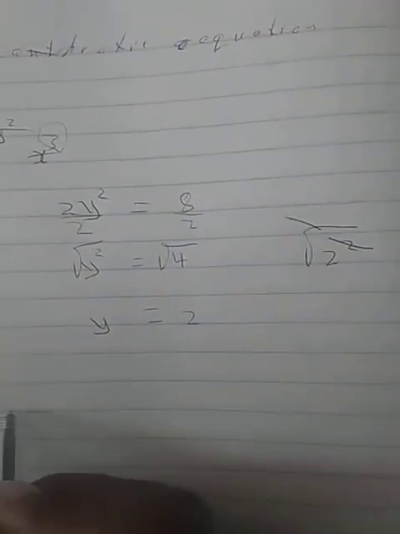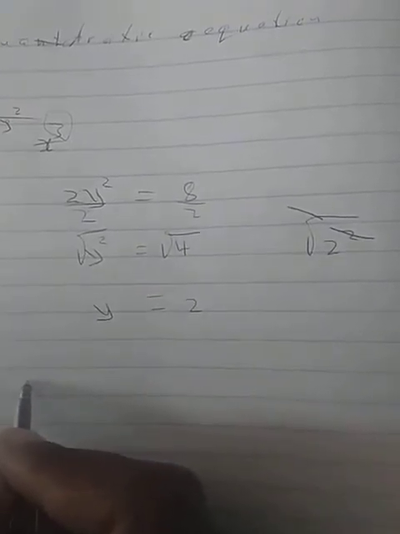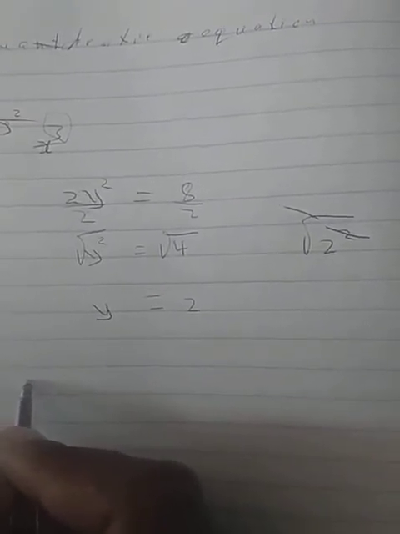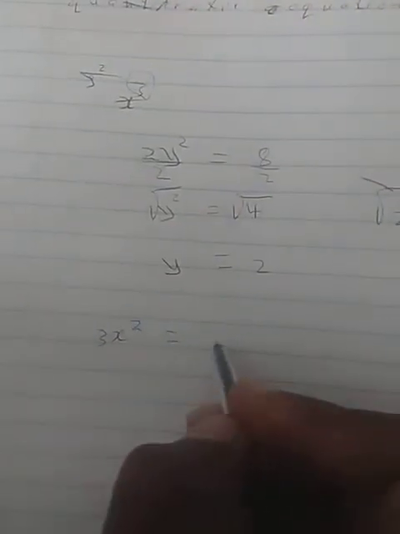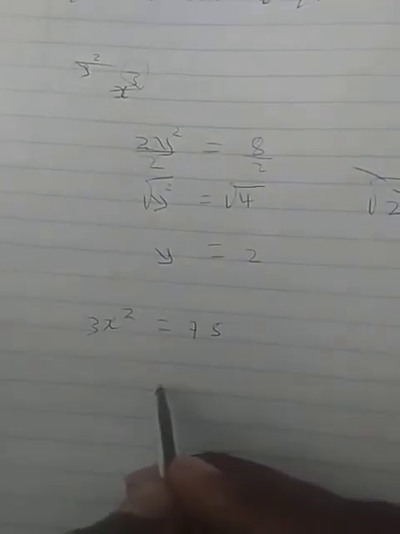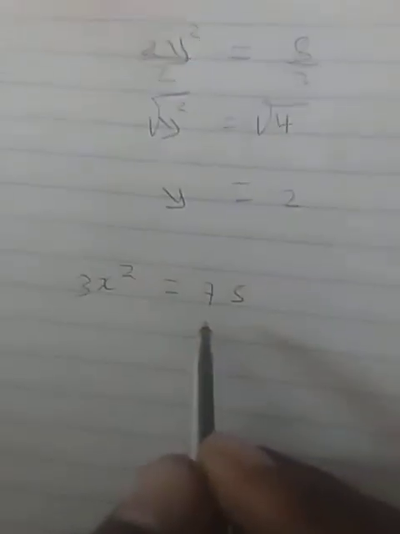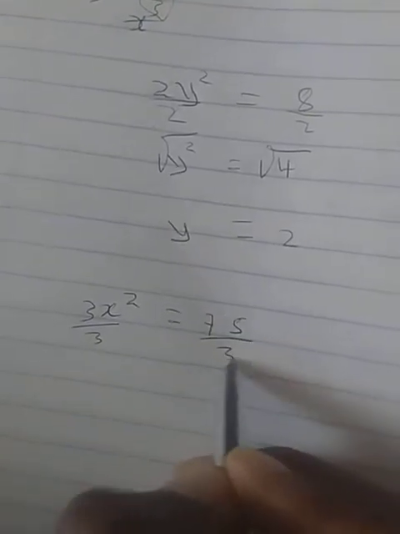Let's give ourselves another example here. Let's say we have 3x squared equals to 75. Okay, equals to 75. The very first thing is to divide by 3. Divide by 3.